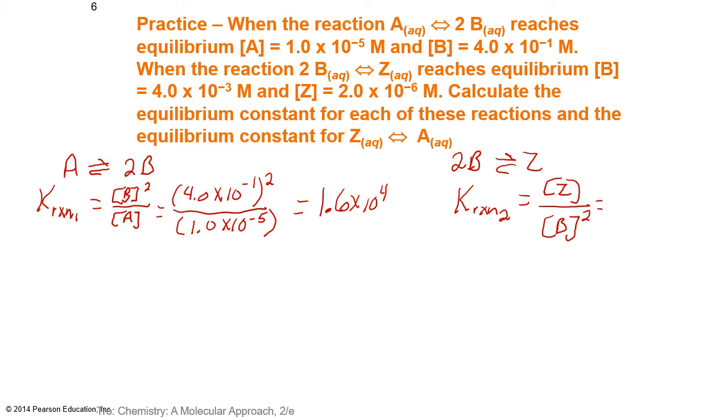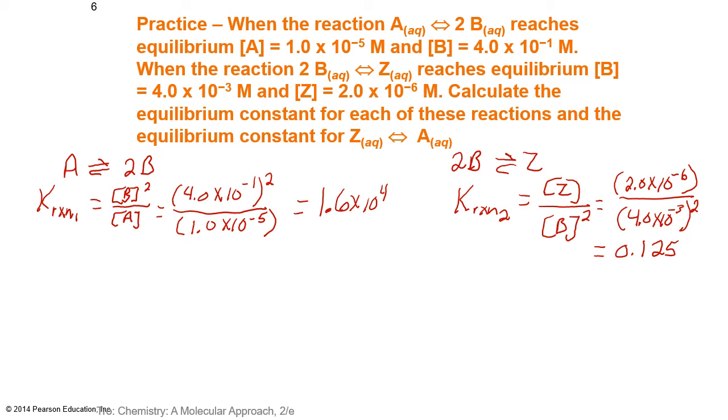So we can plug in those concentrations that were given in the problem. And we can find our equilibrium constant for this chemical reaction, 2B to Z, is 0.125. So this is less than 1, which means that our reactants are favored.